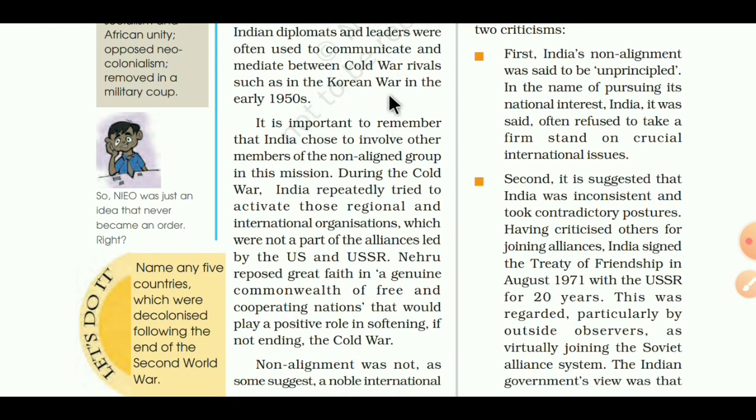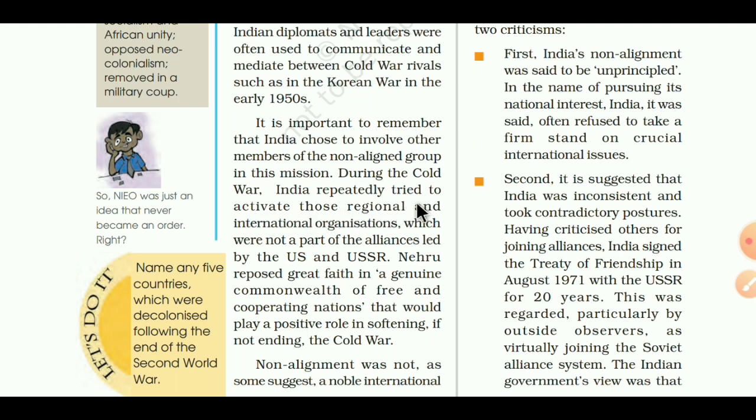What happened in the Korean War in 1950? At that time, it is important to remember that India chose to get involved as a member of the non-alignment group in its mission during the Cold War.